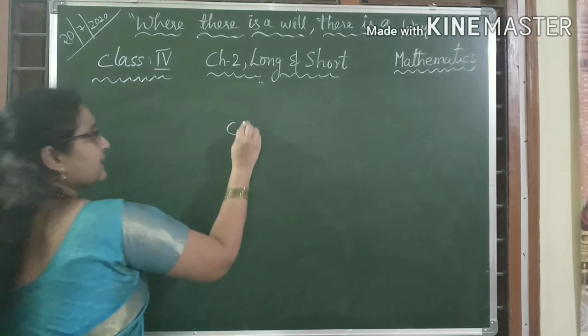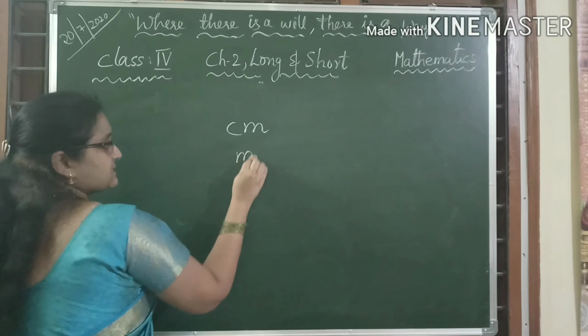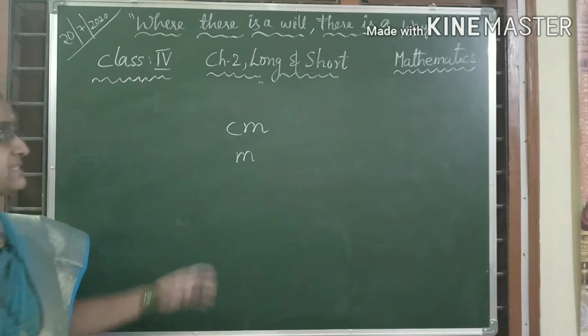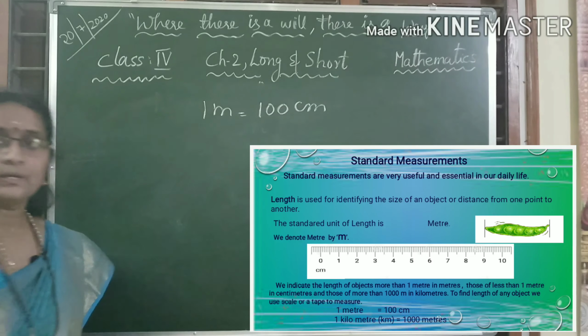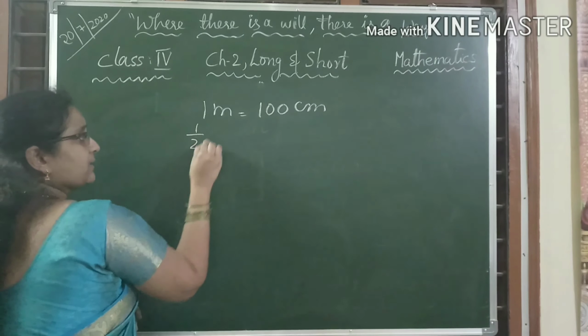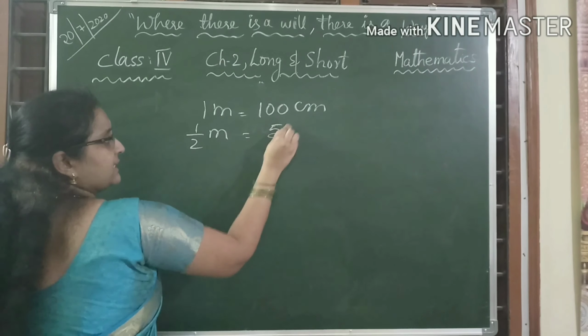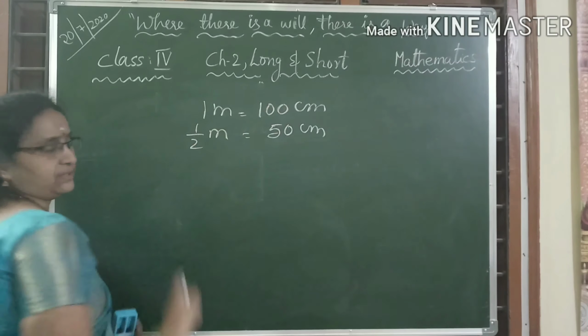Centimeter and meter are standard units for length. Here we know clearly that 1 meter equals 100 centimeters. Then half a meter is 50 centimeters, half of this one.